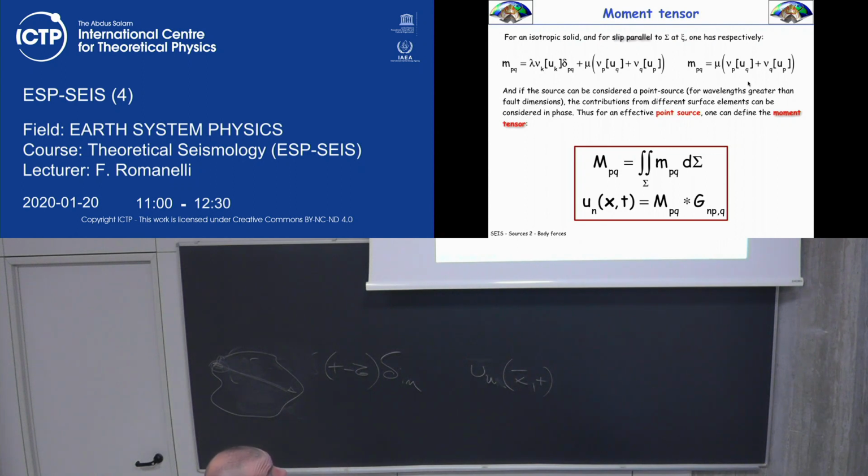Let's put it here, and then all the terrible expression that we've been starting from is becoming very simple. This is called moment tensor, second order, symmetric, PQ, PQ, and N. And now we'll give a look to it, please.